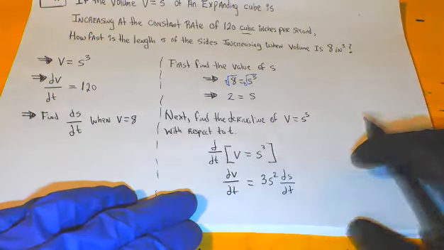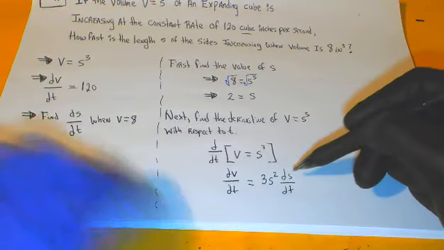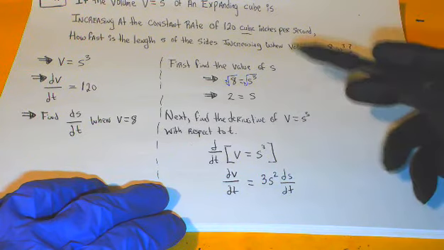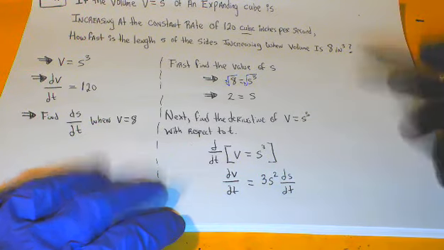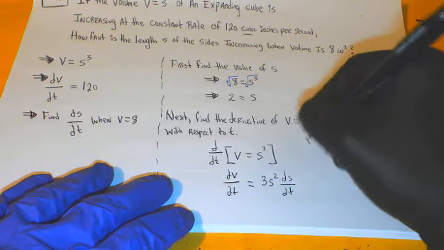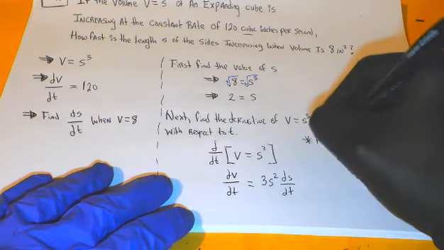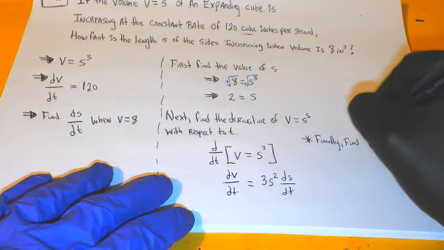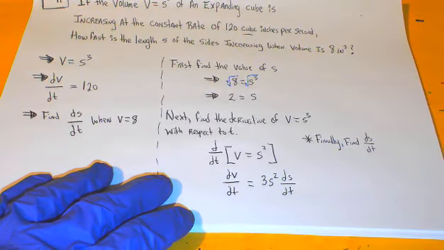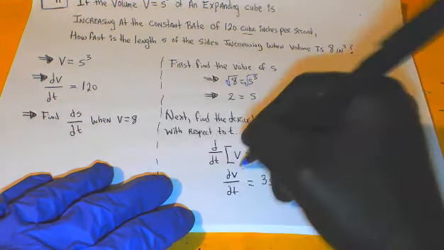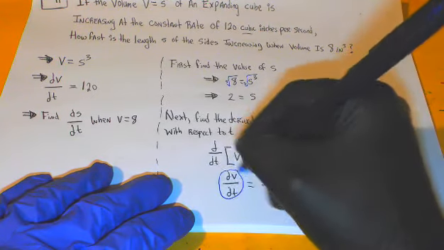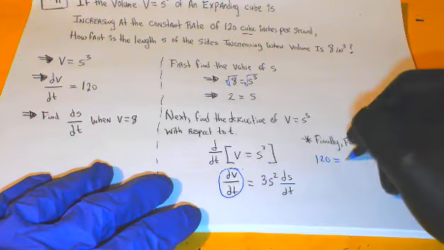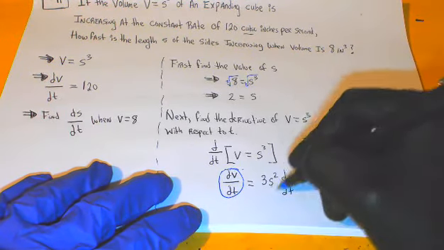In this problem, we're trying to find dS/dt, and if we use all the prior information, we can just plug things in. dV/dt is equal to 120, so we have 120 equals 3 times S squared.